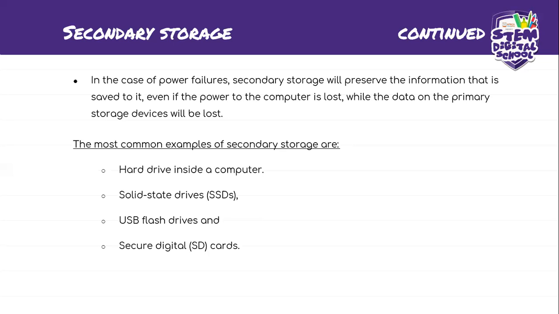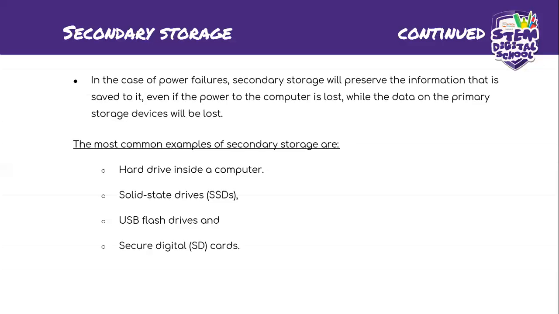When you save your data on the hard drive inside the computer, the data will not be removed. The only way that it can be removed is by deleting. That is the first common example of secondary storage.